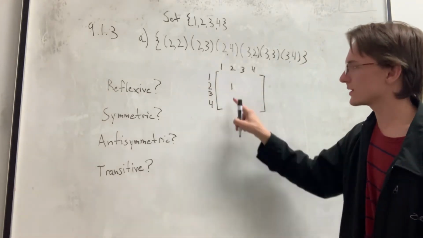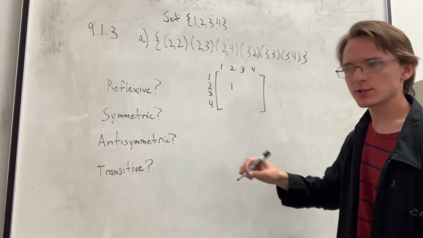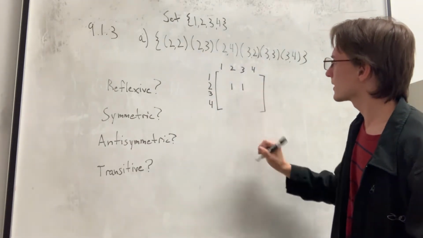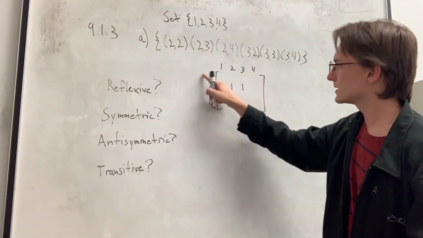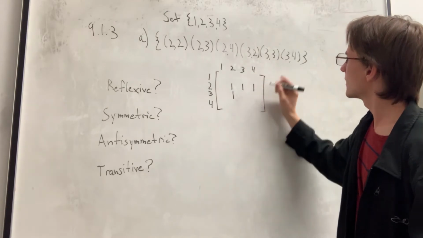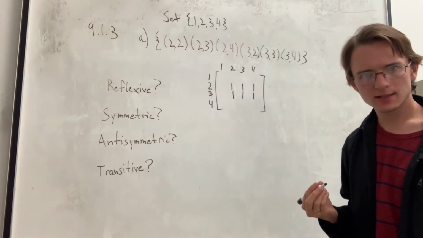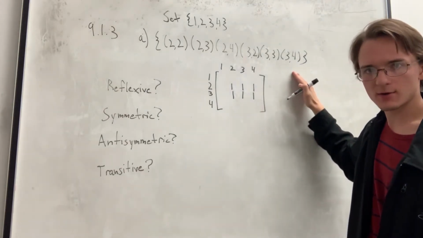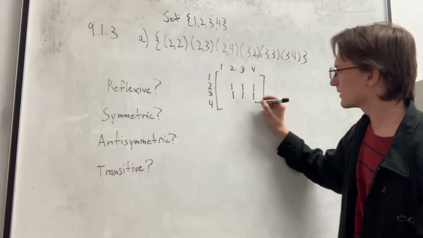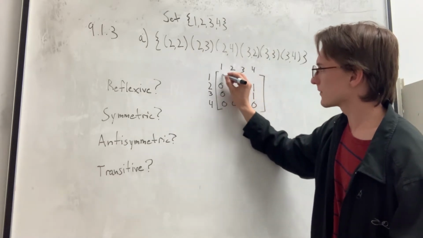This relationship at this position, (2,2), exists. We have (2,3), so down 2 across 3. (3,2), that's down 3 across 2. (2,4), (3,3), and (3,4). If a relationship does not exist, it's not depicted in our relationship up here, this is shown by a 0 in our matrix.